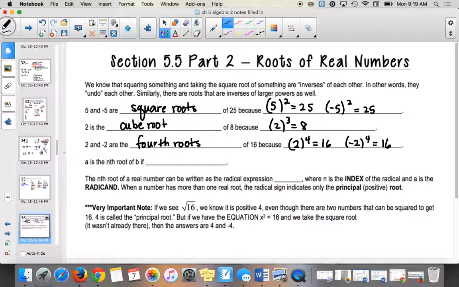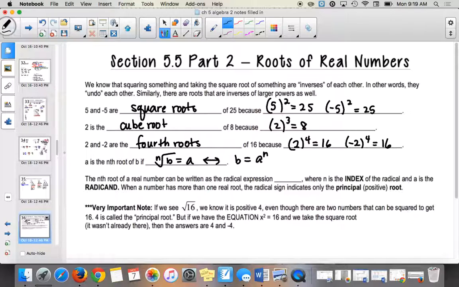Okay, and then it says a is the nth root of b if there's two things. So the nth root of b is equal to a, but also you could have b is equal to a to the n. N is any kind of root. It can be square root, cube root, whatever.